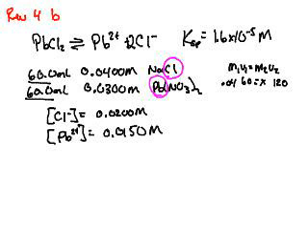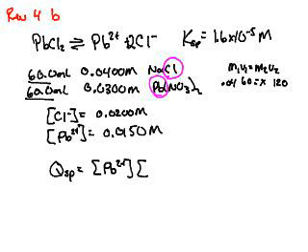The question is, are we going to make a precipitate? Remember, to do this, we have to calculate what's called the Qsp. The Qsp has the same formula as the Ksp, but then we're going to compare it to the value of the Ksp. So what's the Qsp formula? It'd be the lead times the chloride, and a little tricky, I've got to square the chloride because you see there's a 2 right here, isn't it?